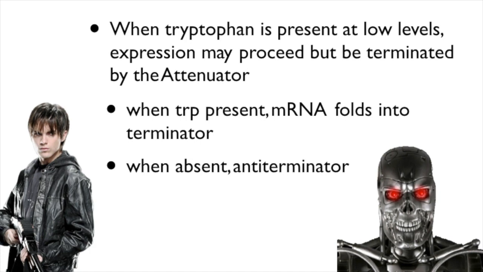When it folds back upon itself, it shuts down the RNA polymerase. Okay? When there is no tryptophan present in the system, this terminator structure does not form, and the RNA polymerase slides right past the attenuator and proceeds to transcribe the structural genes.